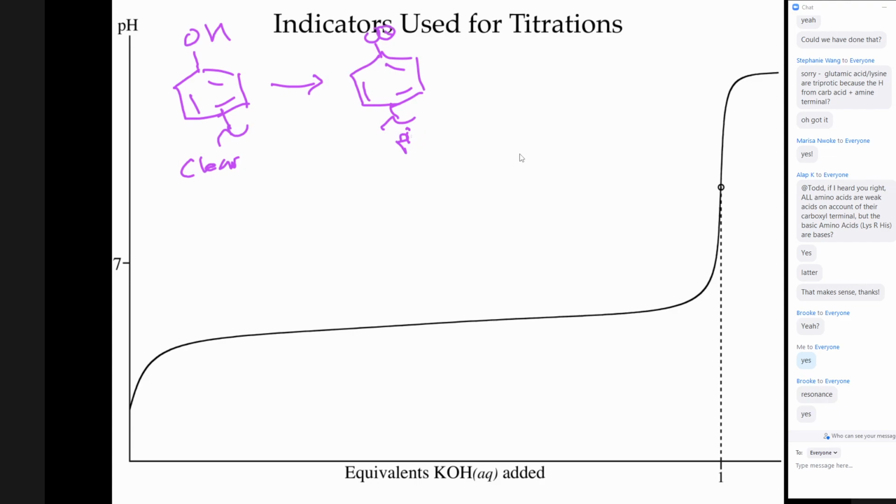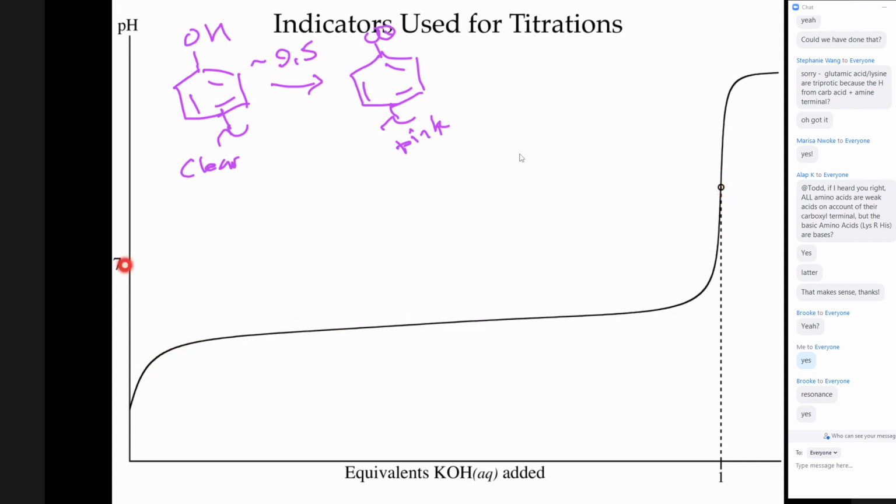And it has a pKa around 9.5-ish. It's like 9.2, but I'm going to go with 9.5 just to have it in the middle of a range, which means on this curve, the pH is low, 7, that's well below, not going to change, not going to change.